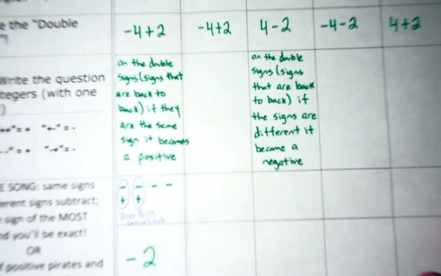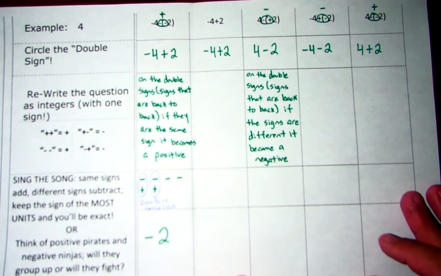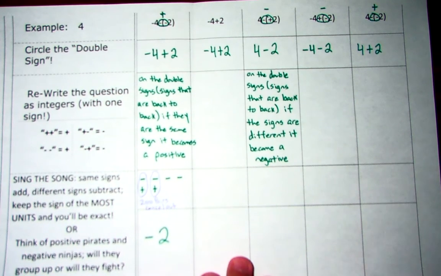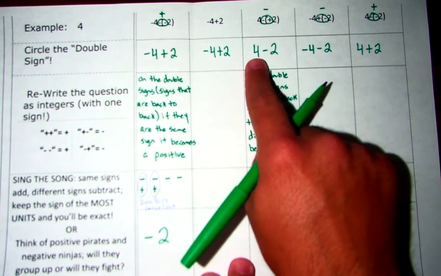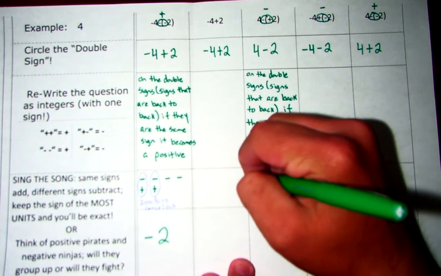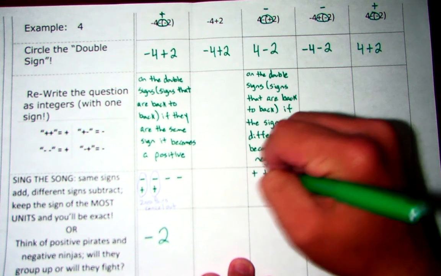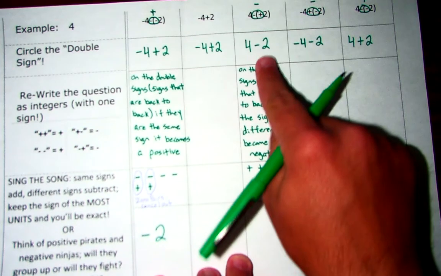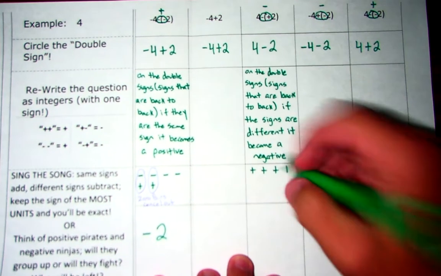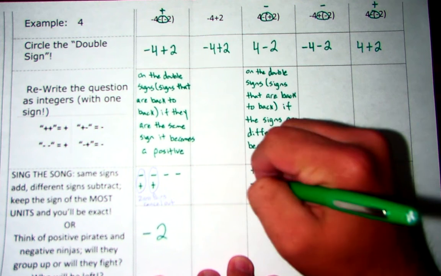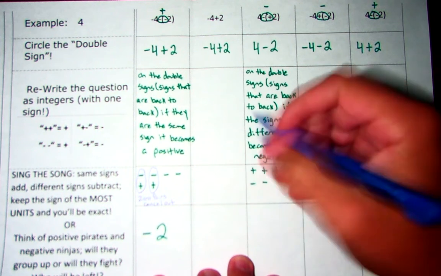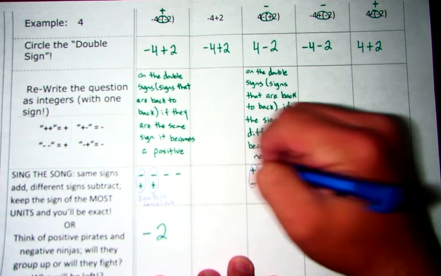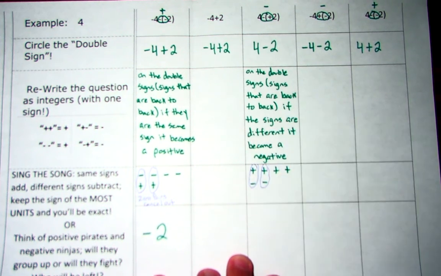I'm going to zoom out just a little bit so I can get it all on camera here. There it is. Now, mathematically, it says I have 4 positives. It then says I have 2 negatives. Uh-oh, these two guys went into battle.